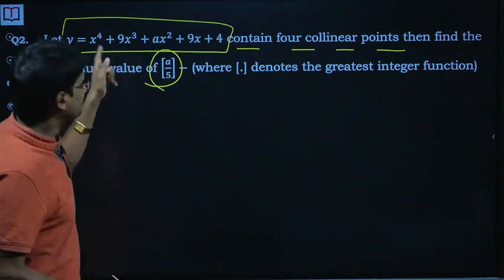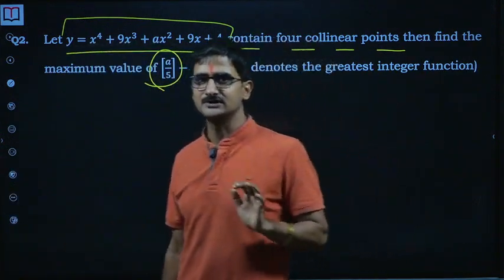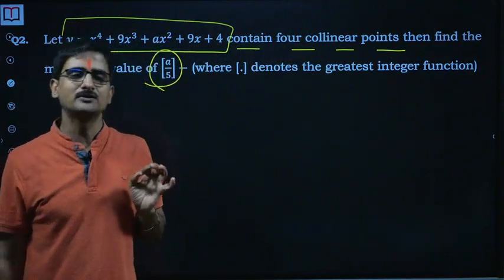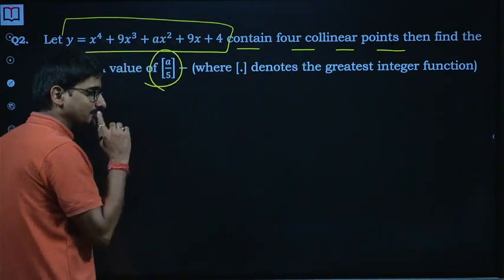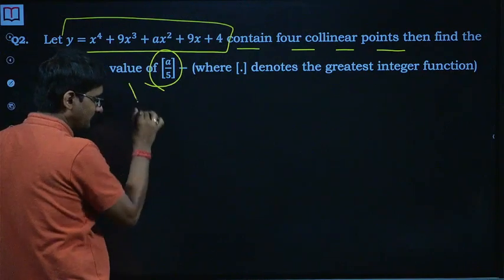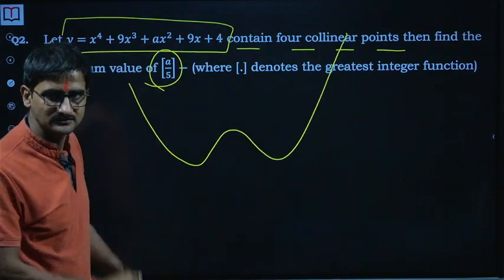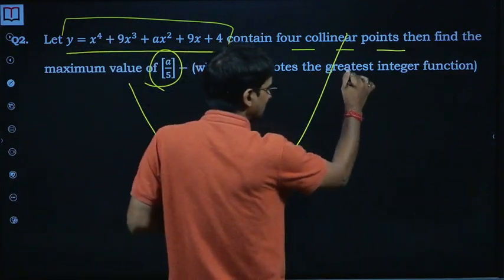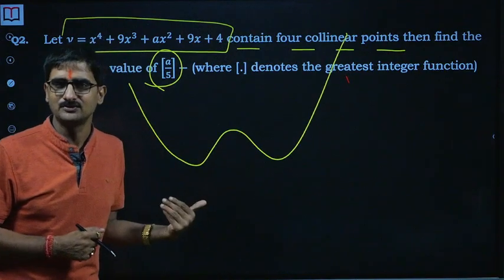It's a 4-degree polynomial with positive leading coefficient. If I try to draw the curve, either it will go something like this, with 3 turns, or the other possibility is, can it have 2 turns?